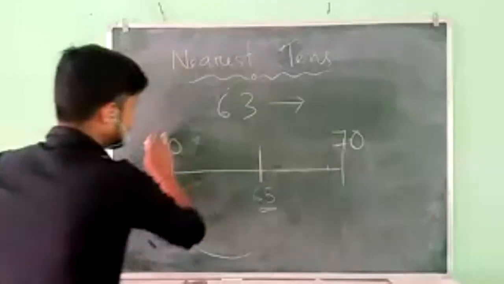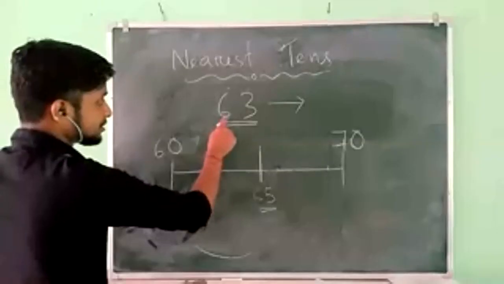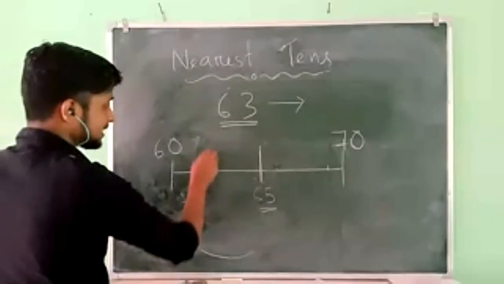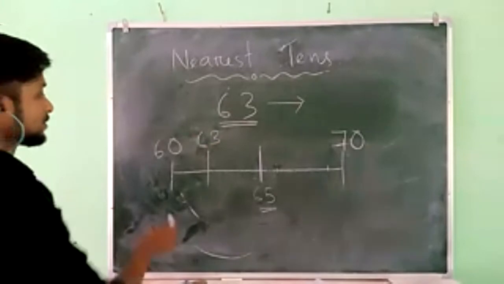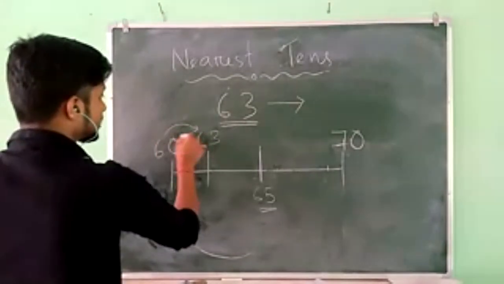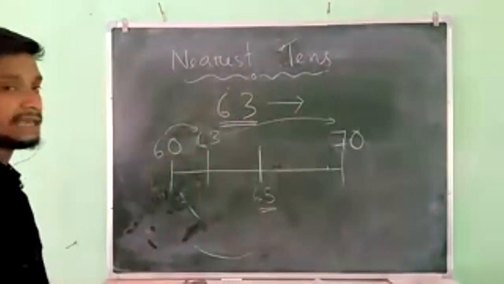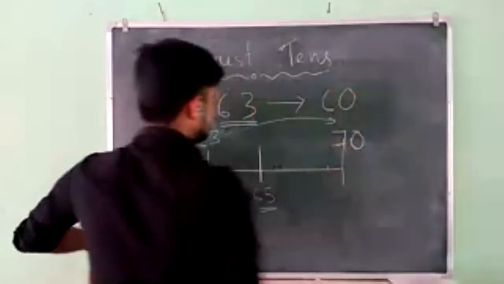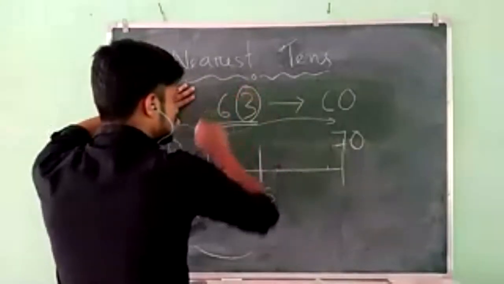So see here, 63 we put obviously to the left of 65. See, it is nearer to which number, 60 or 70? Obviously it is nearer to 60. So the answer will be 60.